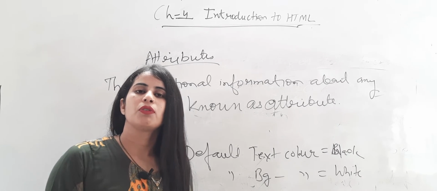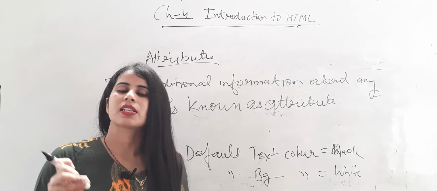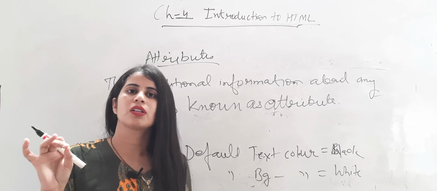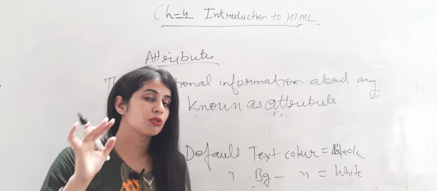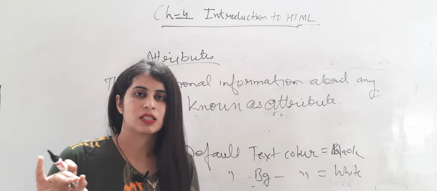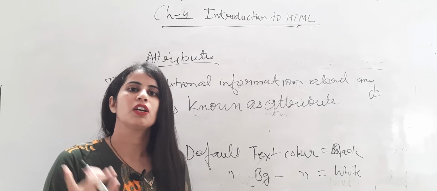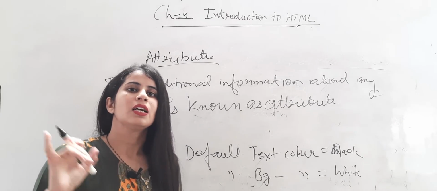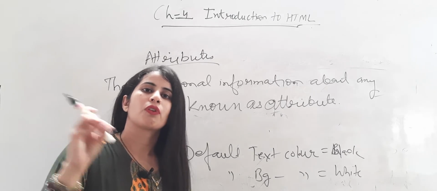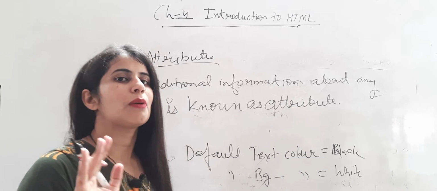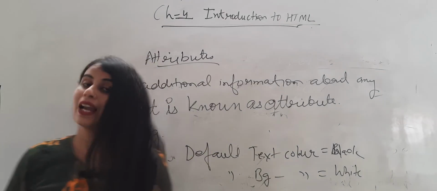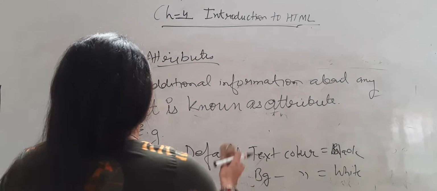If I change the color, or change the size of the font, all these are additional information. They improve the appearance and the quality of the text. They make everyone focus on it and pay attention to it. So attributes are basically additional information. Any attribute has two things.